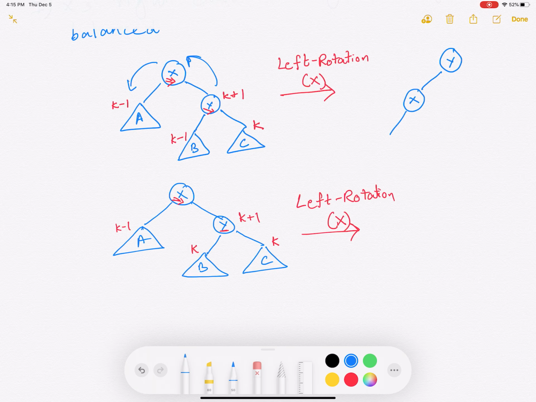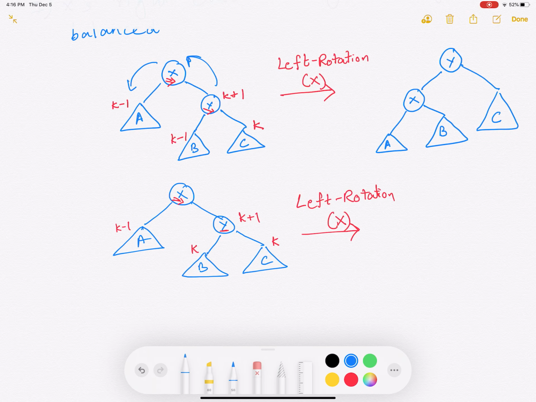A continues to be the left subtree of X. Now Y cannot have three children, so B is now going to be the right subtree of X, and C is going to be the right subtree of Y.